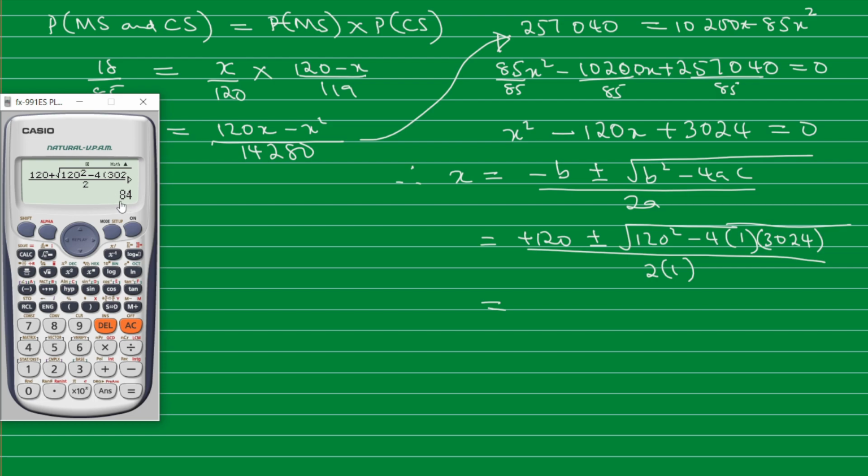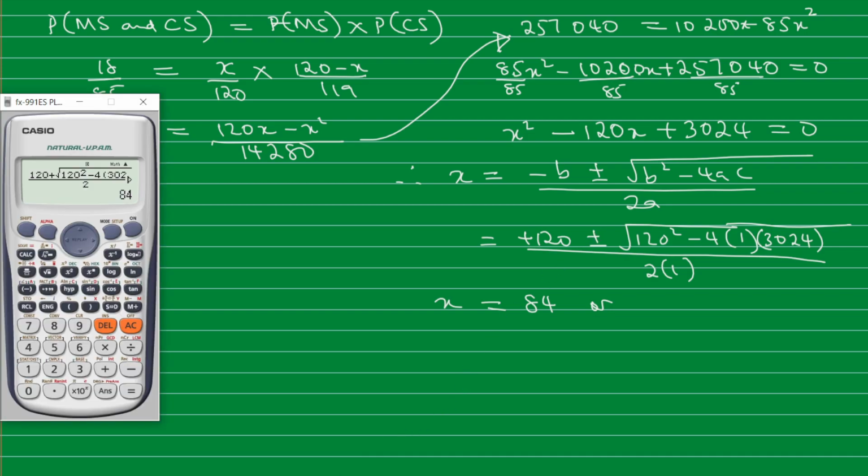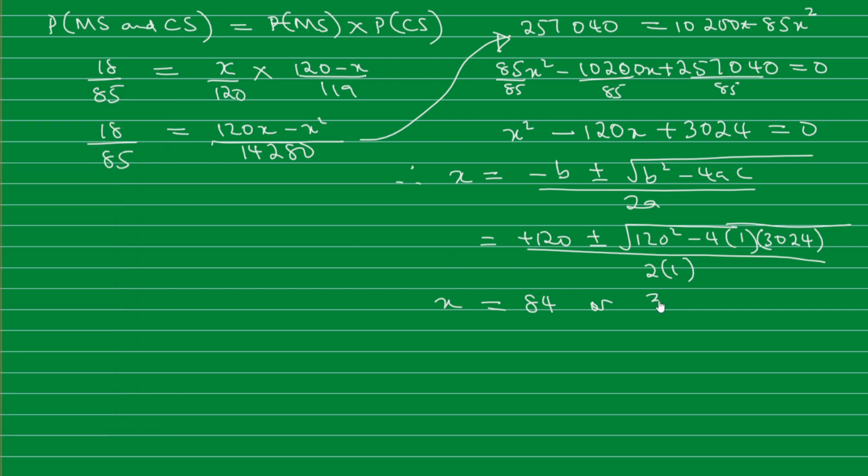I'm getting 84 there. That's a good number because it has to be the number of sandwiches. We will not take a decimal value. So our x will be equal to 84. Now we used the plus first time, so we have to use a negative now to see if there's another answer. So I'll scroll back, delete the positive, insert the negative, and I'm getting 36.